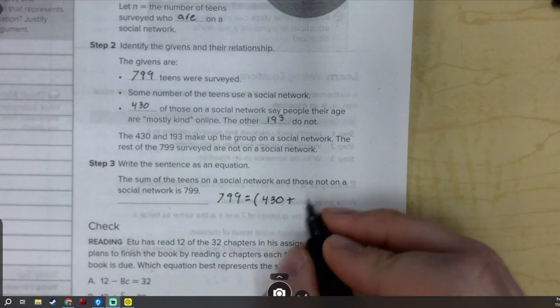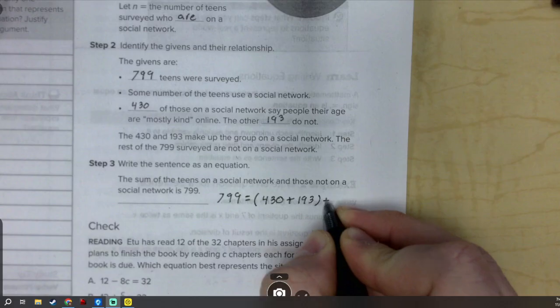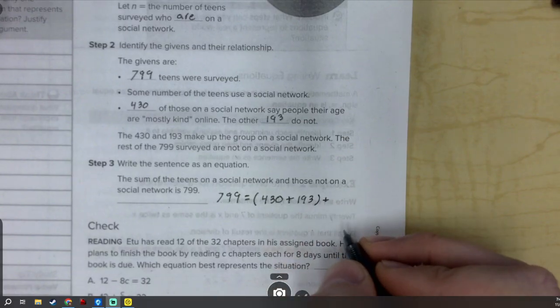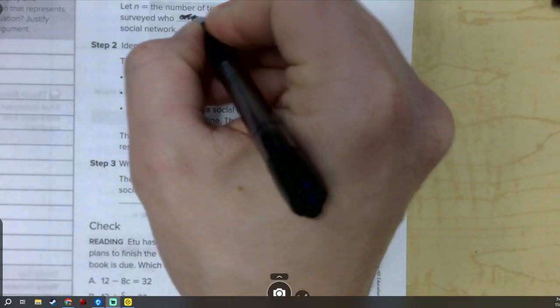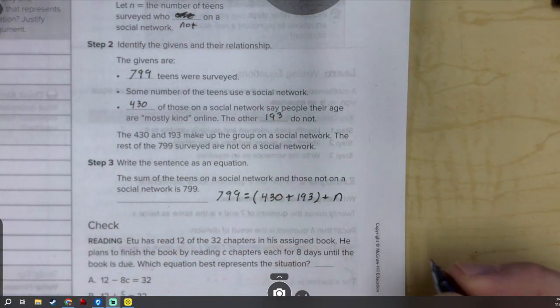So that's going to be 430 plus 193 plus, I guess n is supposed to be our unknown, plus n.